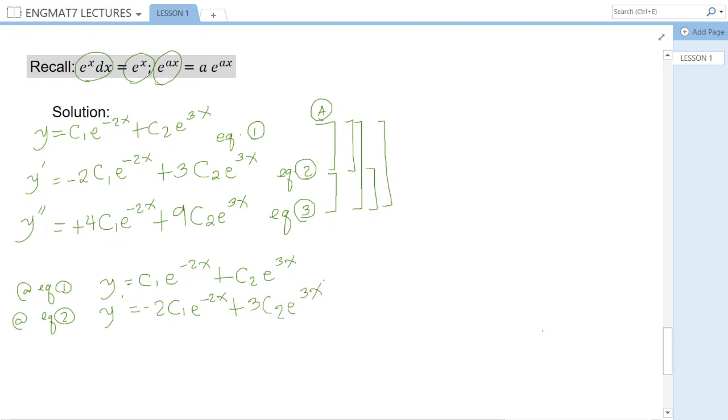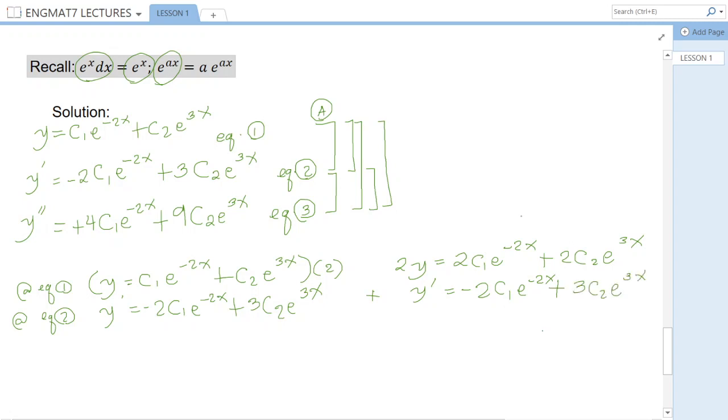Okay, to be able to eliminate c1, we are going to multiply equation 1 by 2, so that it will become 2y is equal to 2c1 e raised to negative 2x plus 2c2 e raised to 3x. And then let us add equation 2, y prime is equal to negative 2c1 e raised to negative 2x plus 3c2 e raised to 3x.